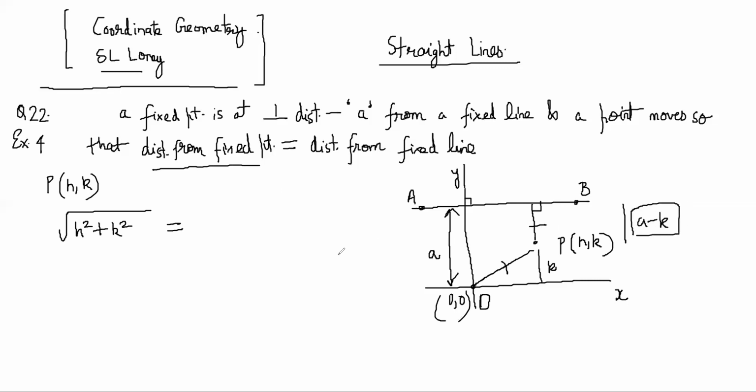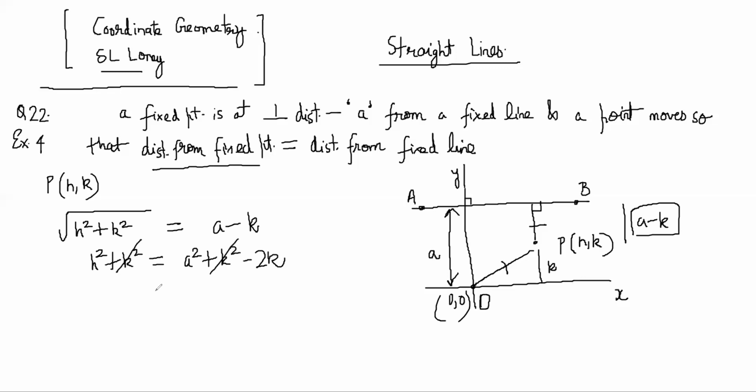So you get h square plus k square is equal to A square plus k square minus 2Ak.